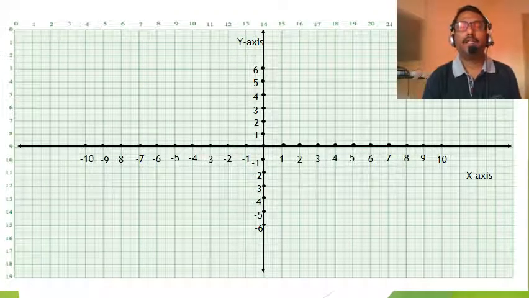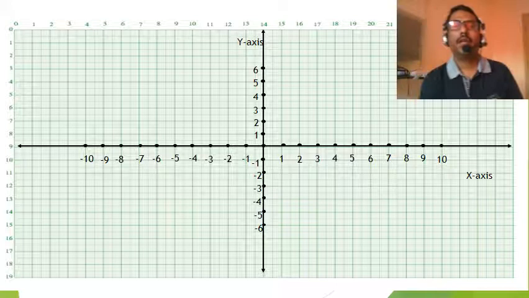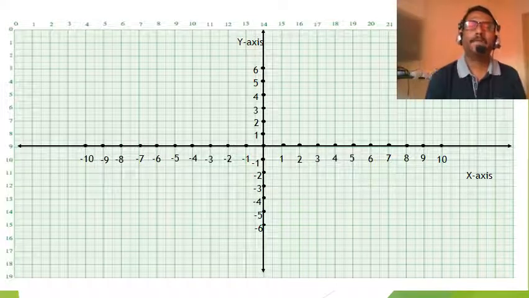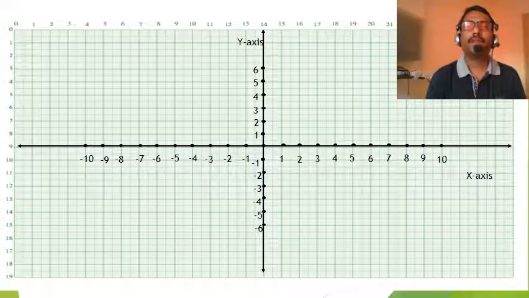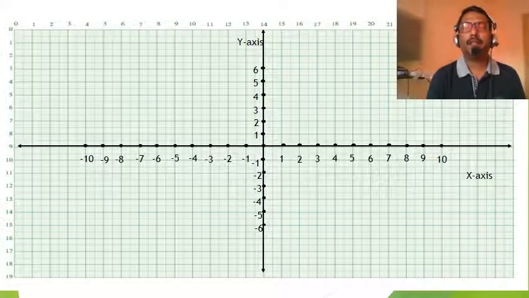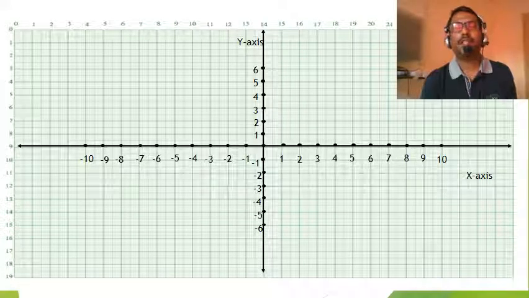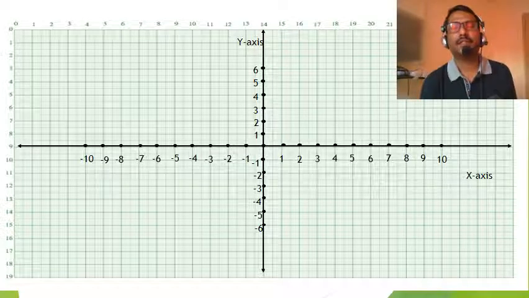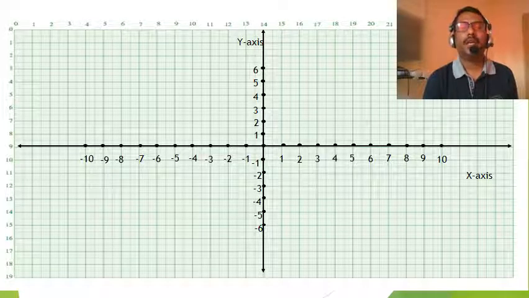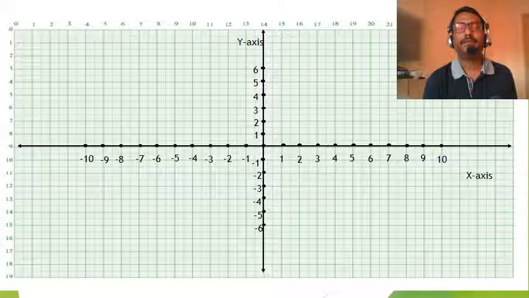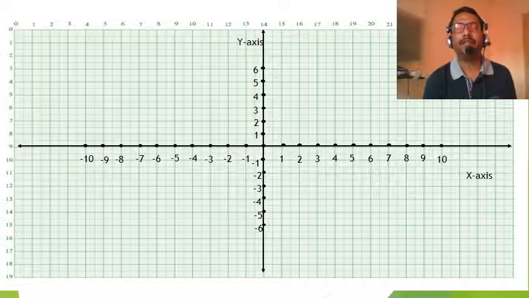To represent any point in the plane, we further make equal parts of the axes in such a manner that from the origin, the right-hand side of the x-axis is divided as 1, 2, 3, 4, 5, 6, 7, 8 and so on.